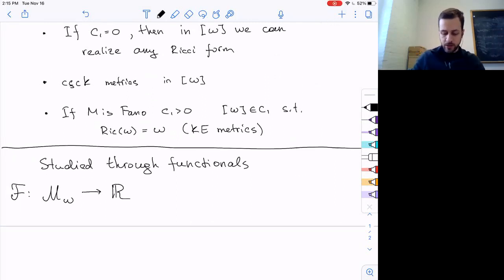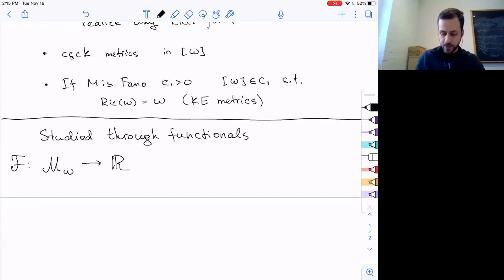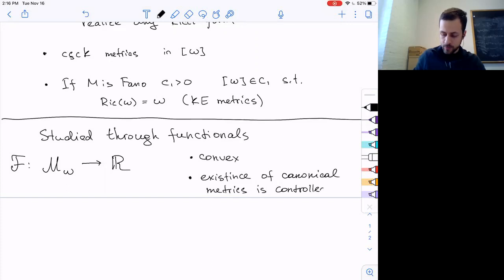The entire idea is that in many geometric settings, these are convex, and the existence of canonical metrics is controlled by properness of these functionals.